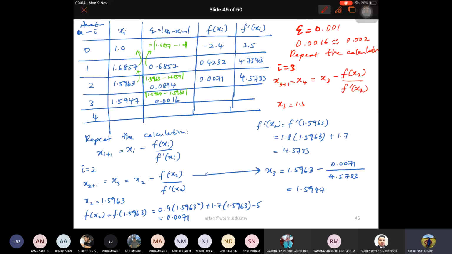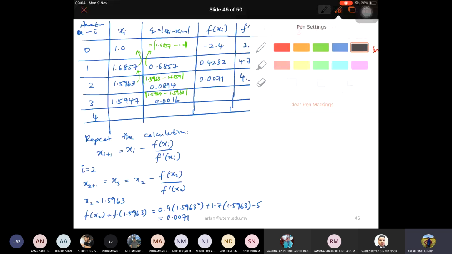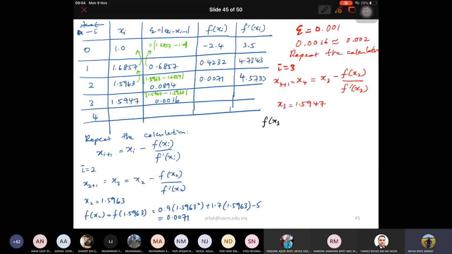Kalau awak kira satu salah, yang lain pun terus salah. Okay. Itu yang kena berhati-hati. f X3 akan sama dengan 0.9 darab 1.5948. Okay, betul? X yang keempat.